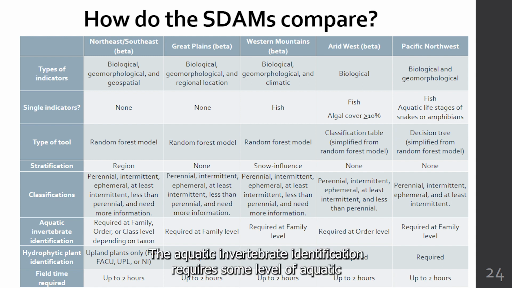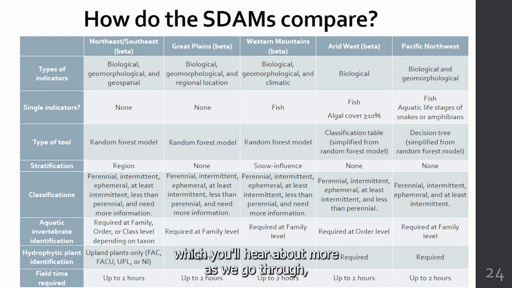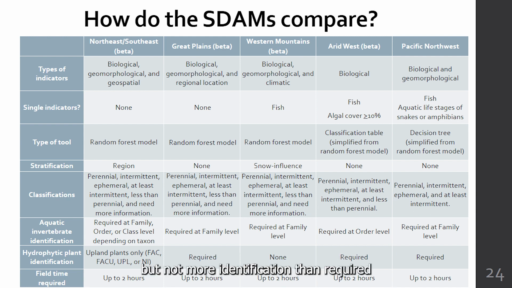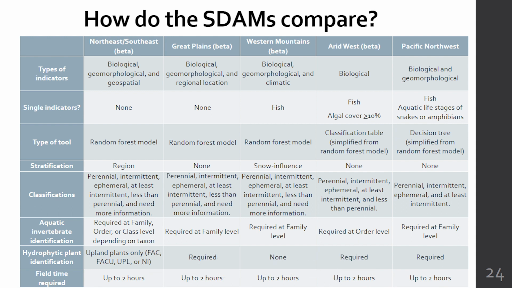The aquatic invertebrate identification requires some level of aquatic invertebrate identification to be able to reach the richness score, which you'll hear about more as we go through, but not more identification than required in the Great Plains, Western Mountains, or other parts of the country.